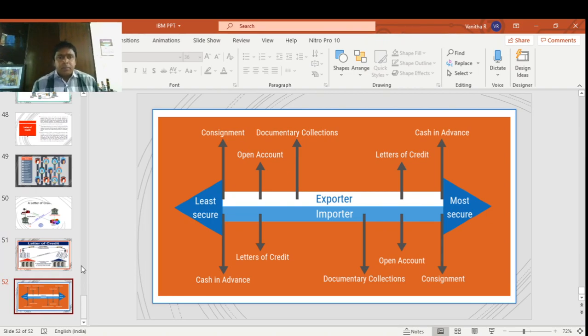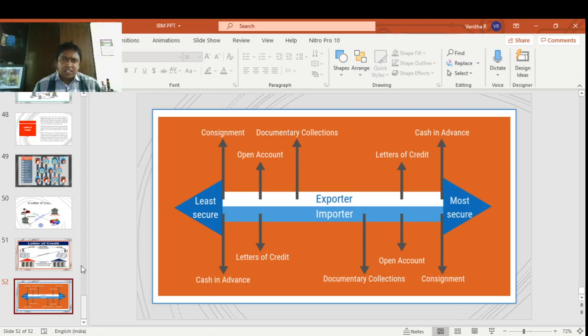Here it is. So at the left hand side, if you see, there is the consignment. In the downside, you have cash in advance. Then the most secured is this, exporter importer, the graph. Imagine the exporter is on one side, importer is on the right side.